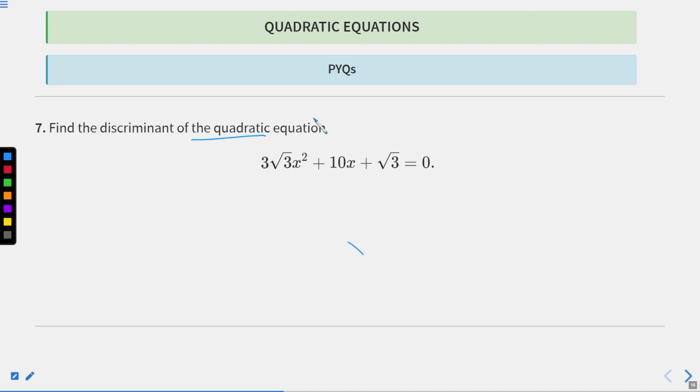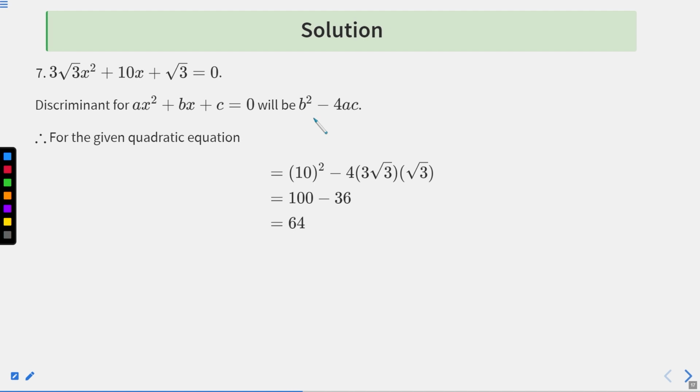Okay, so let us see how to solve it. We are given the quadratic equation 3 root 3 x square plus 10x plus root 3 is equal to 0. The discriminant for ax square plus bx plus c is equal to 0 will be b square minus 4ac. If we compare this equation with the standard equation, then a is equal to 3 root 3, b is equal to 10, and c is equal to root 3.